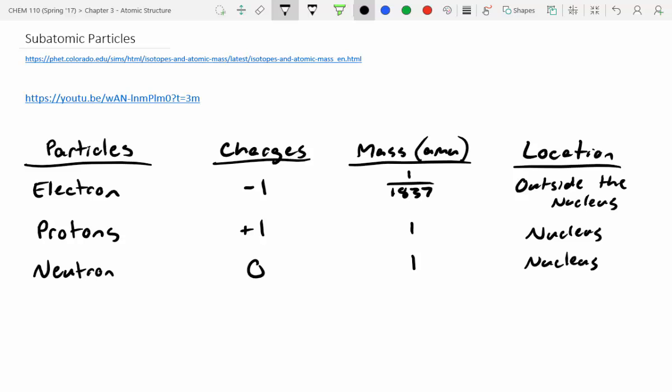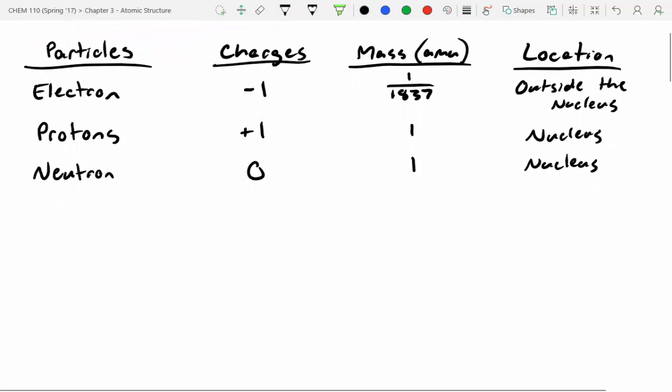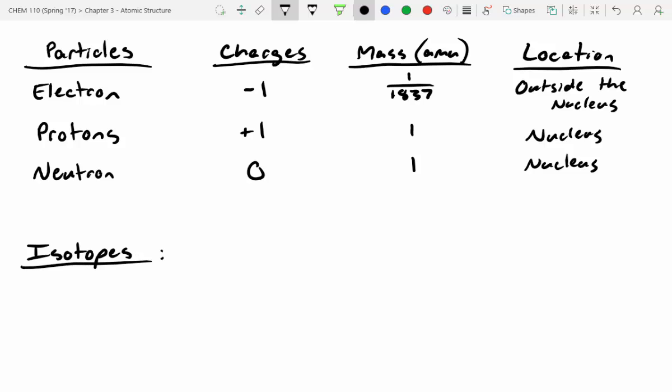However, we haven't really talked about neutrons very much yet. And this has to do with something called isotopes. An atom is defined by the number of protons that it has. However, an isotope is defined by the number of neutrons that it has.